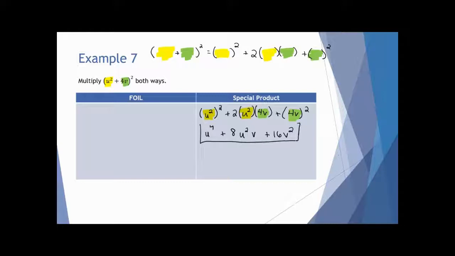So you end up with u to the fourth plus 8u squared v plus 16v squared. And that is using the shortcut. I just plug in the numbers or the variables in this case, and then I simplify.